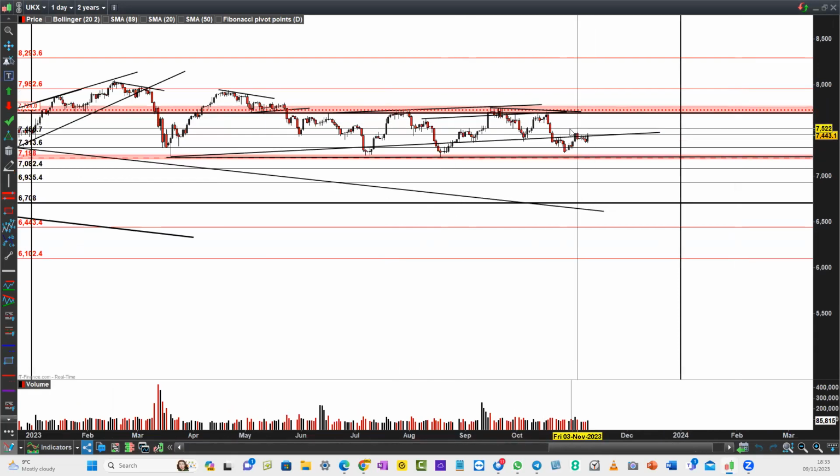If you chop around in a box, then the box play kicks in once you reject resistance inside the box. So we've got a head and shoulders really. Let's have a look. How can I make a head and shoulders out of this?